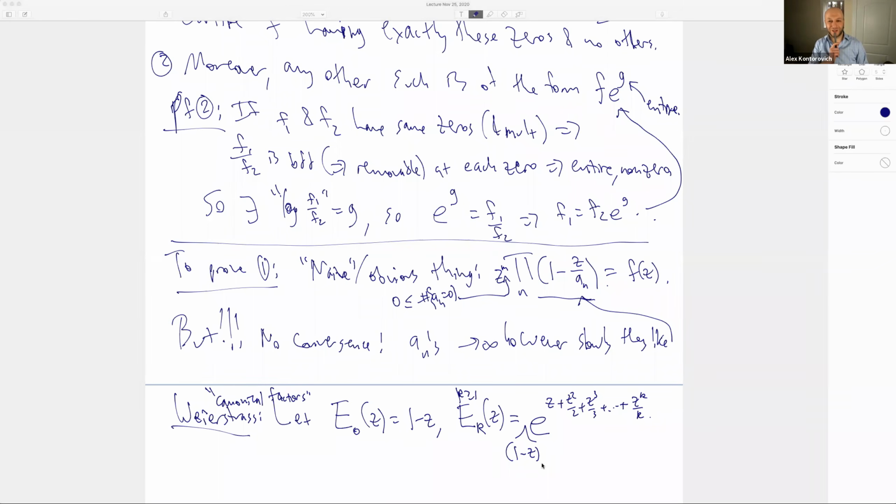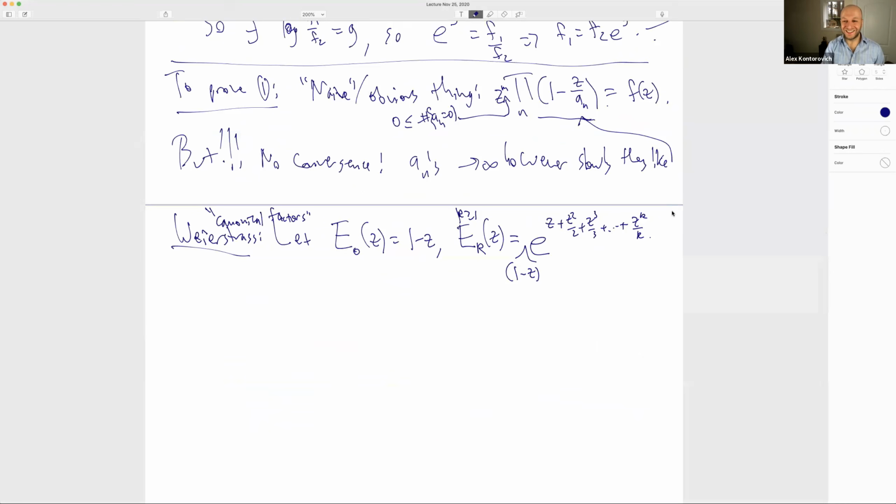Why is he doing this? It's like the first k terms of the log expansion. Yes, exactly. If I were to extend this, this is the first k terms of the log of what? Log of 1 minus z. In fact, negative log of 1 minus z.